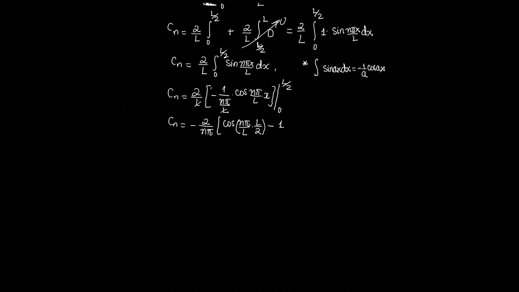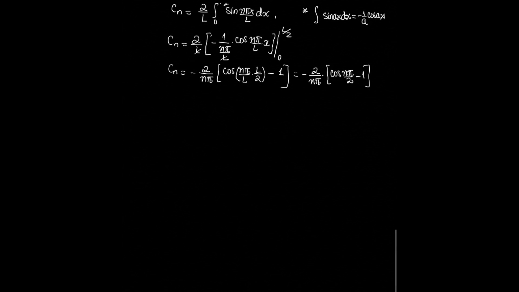I get 1 because everything just becomes cos 0, right? So I get 1. So I have minus 2 over n pi times cos of n pi over 2 minus 1. So Cn equal to 2 over n pi. Let's multiply by this minus 1 here.